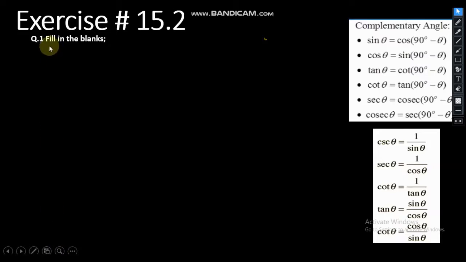Question number 1. Fill in the blanks. Cosec 60 degree is equal to 1 divided by something. Now what is the value of this? We know that this table.